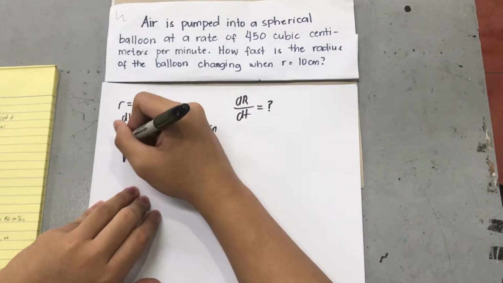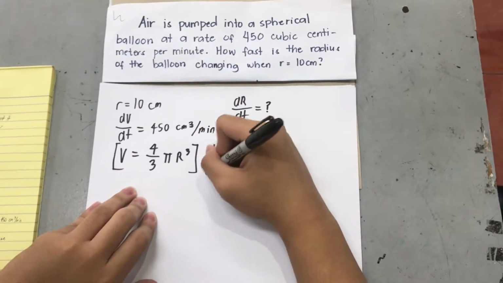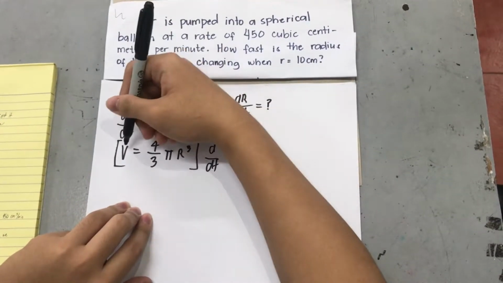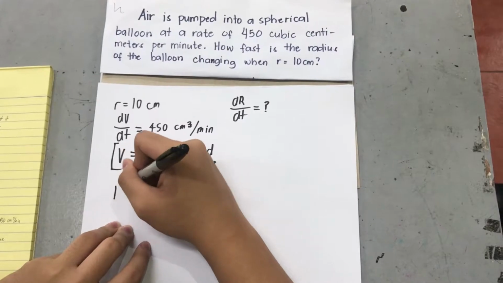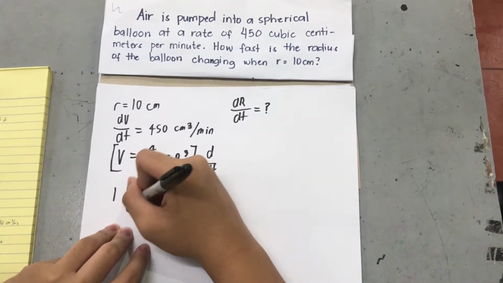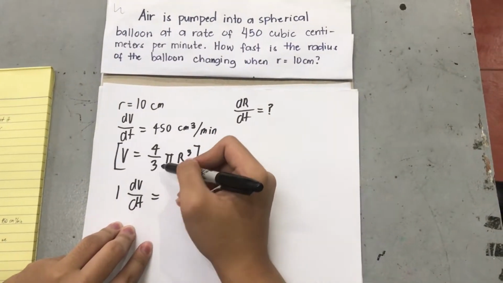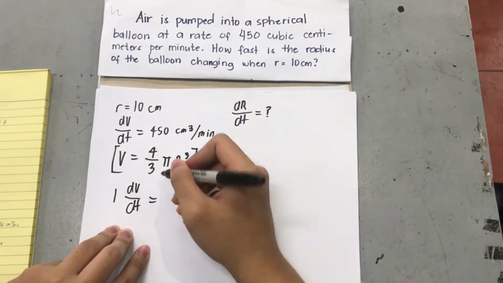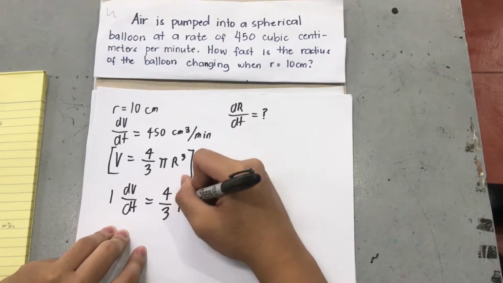Now let's find the derivative with respect to time. The derivative of V is 1 times dV over dt. Now, 4 over 3 multiplied by pi is a constant, so let's rewrite it as 4 over 3 pi.